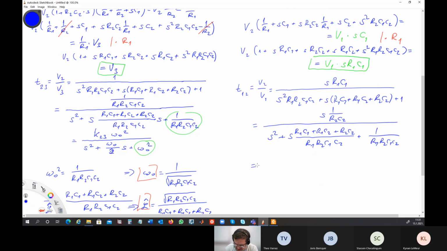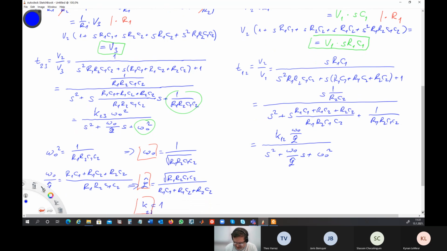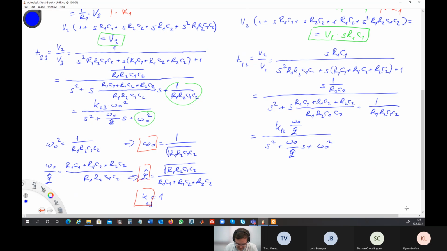And this can be equated to the general form like this. Plus omega 0 square, and here we can have K1, 2 omega 0 over Q hat. Okay, what we can notice here, again, is omega 0, which is the same.